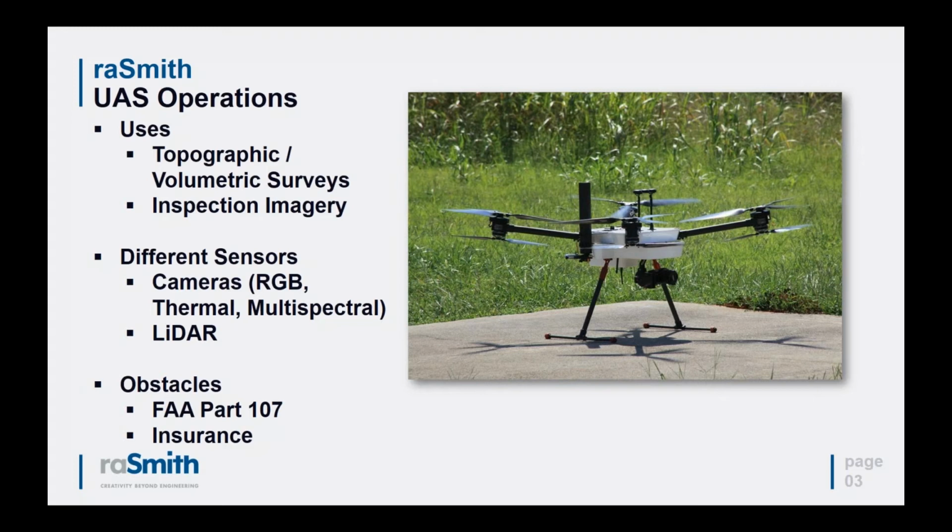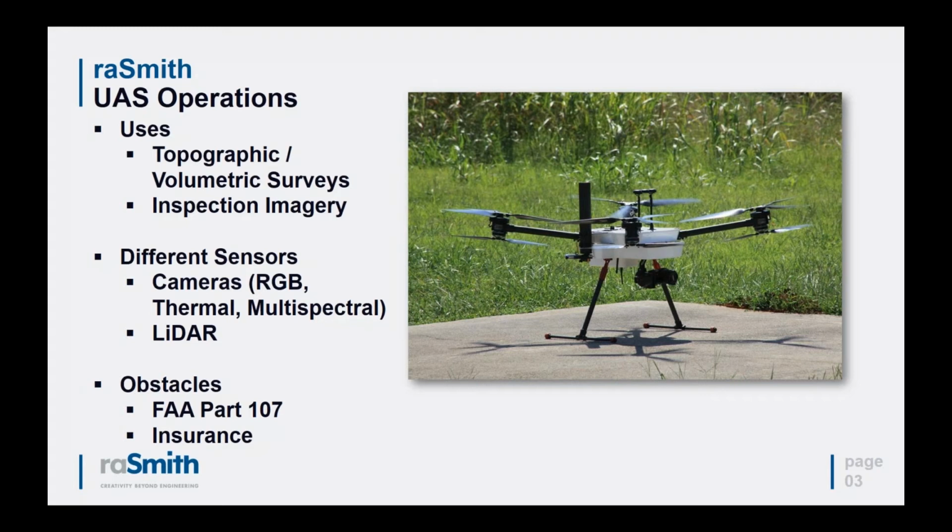But there are also other types, such as LiDAR. You can run LiDAR sensors underneath these aircraft as well, and it can get a little pricey when it comes to LiDAR, but just like with anything technology based, prices are coming down as the technology advances, and there's some pretty compelling technologies out there in terms of LiDAR sensors.